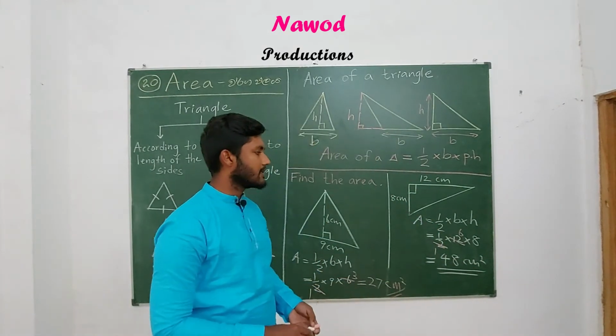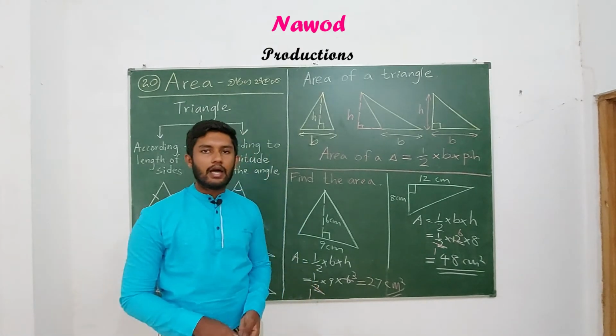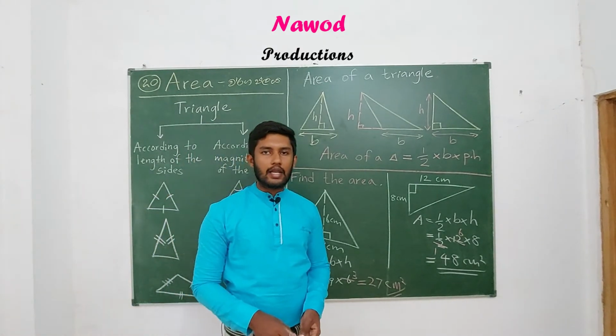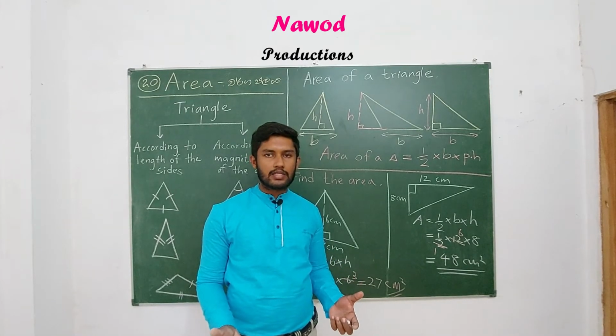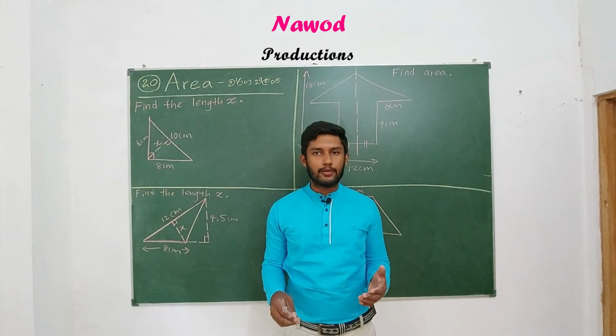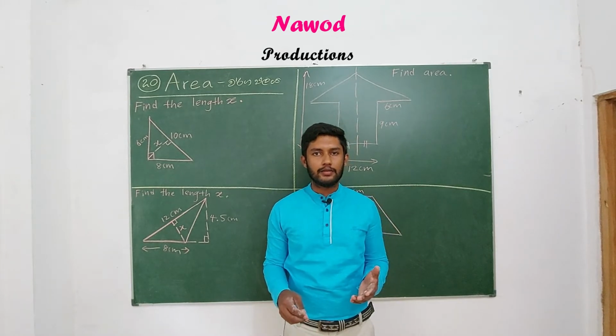Likewise, we can make questions by using the triangle, and more simplifications can be done by using the triangle. We'll do some questions related to the area of a triangle.